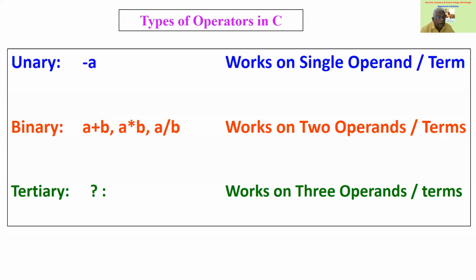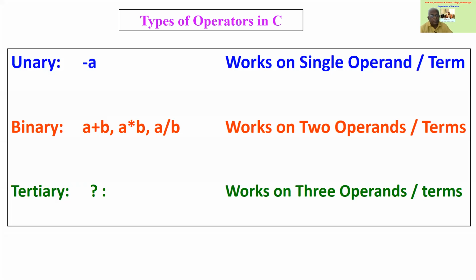So our regular arithmetic operators plus, minus, star, slash are divided like this. So there is a single unary operator and three binary operators.